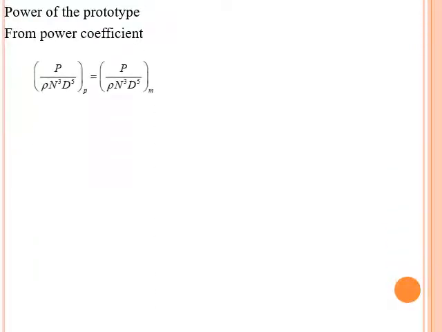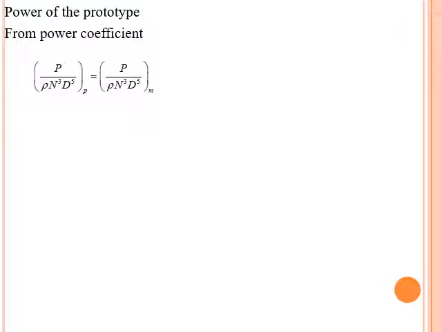The second part of that numerical is power of the prototype. So now I want to find out what is the power developed by the prototype. From the power coefficient formula, the power coefficient formula is P by rho n cube d power 5. So here power coefficient of the prototype is equal to power coefficient of the model.